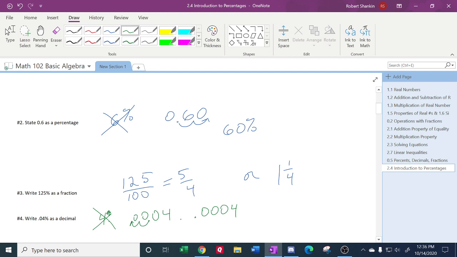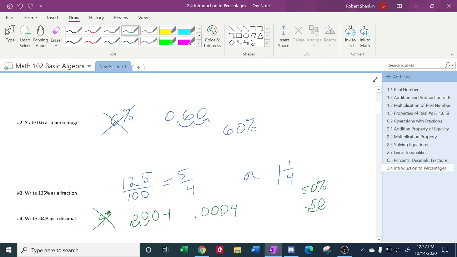Now, it might seem strange. Why did I move it? And you might get confused, like, which way do I move this? Take a really simple one to get oriented. 50%. We know that that's 0.5. Which way do I move the decimal? To the left 2 places.